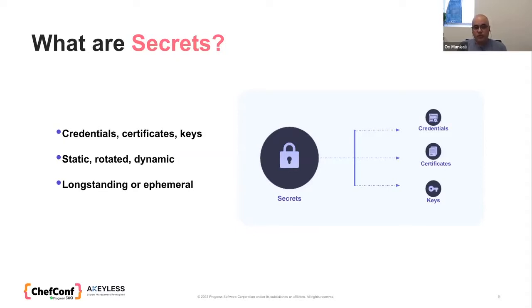The problem with static secrets, which we'll touch on just a bit, is that if somebody is somehow exposed to this static secret, then they can simply bypass the secret store and just use whatever is cached or stored in an insecure place. A rotated secret is somewhat similar to a static secret, aside from the fact that once in a while, at a predefined frequency, the secret or the password or the token, whatever it may be, is rotated and modified to a new version.